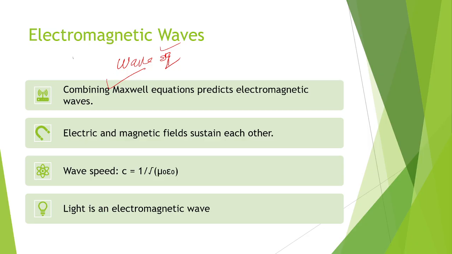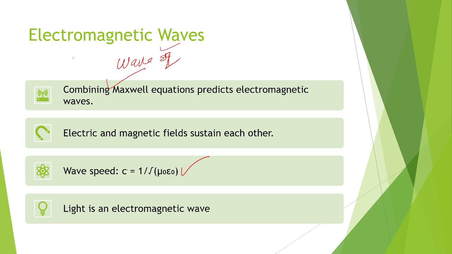Light speed is given by this constant, and we will calculate it at another time. From this, Maxwell said that light is in fact an electromagnetic wave.